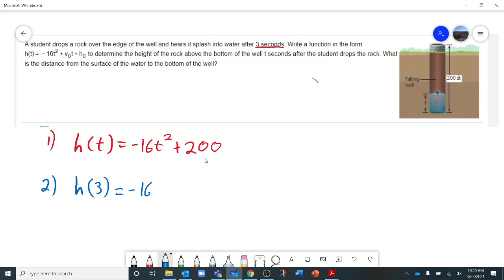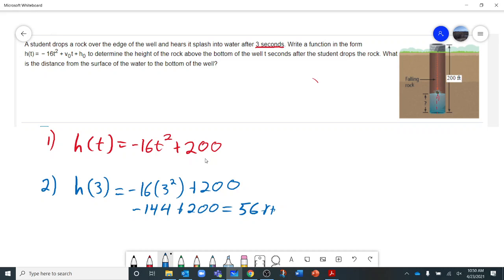So that's going to be negative 16 times 3 squared plus 200. Negative 16 times 3 squared, or negative 16 times 9, gives us negative 144 plus 200. And that equals 56 feet.